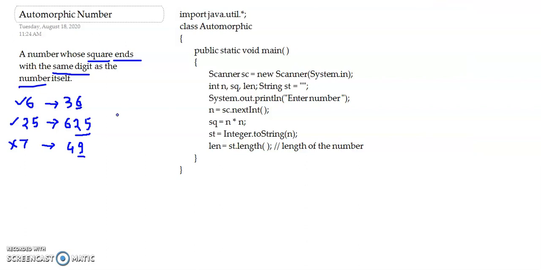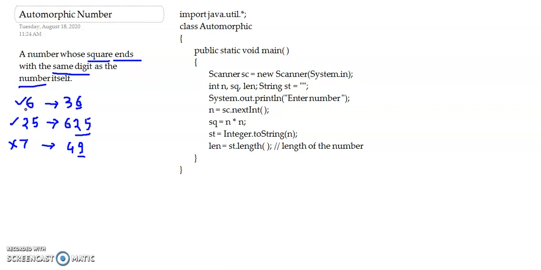This is because you don't know beforehand what the user is going to input during runtime and how many digits the number will contain. Like say if the user enters 25, then the square will be 625. So you have to extract 2 digits from the square to compare it with the original number. When the user enters 6, you have to extract only 1 digit from the square and then compare it with the number.